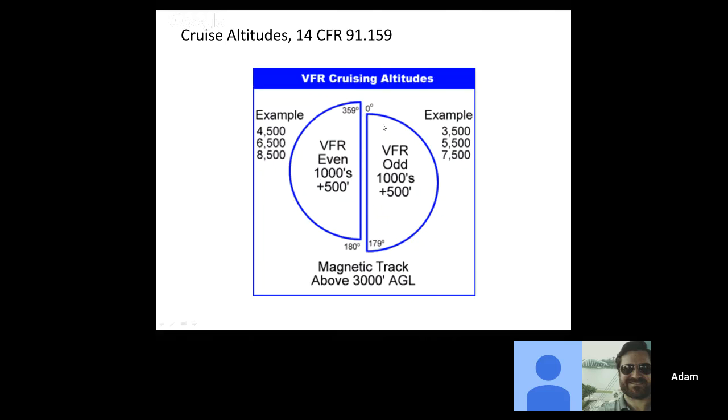Those directions are 0 to 179 and 180 to 359. So in our example, the 166 number, we'd be on the eastern side of this pie, and we would be expected to maintain a cruising altitude of odd plus 500: so 3,500, 5,500, 13,500.